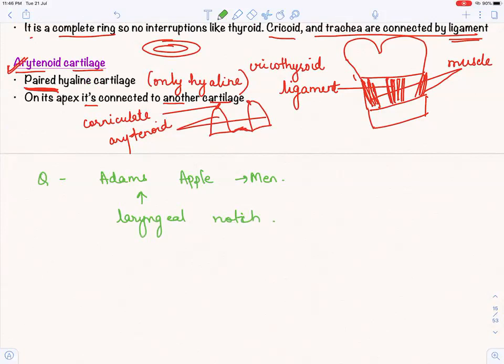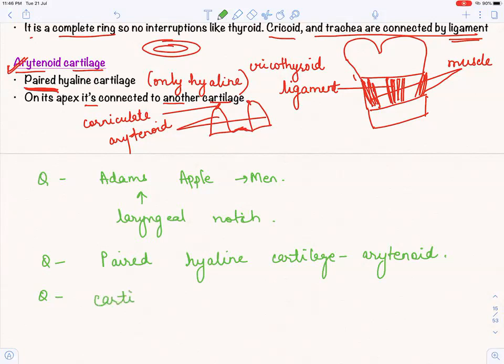Okay, and some other questions. Paired hyaline cartilage: arytenoid cartilage. Paired hyaline cartilage.